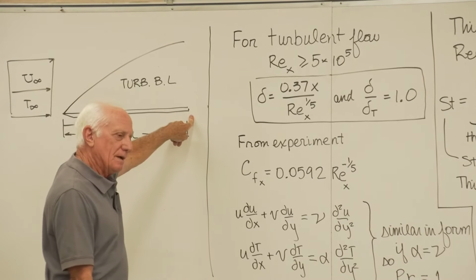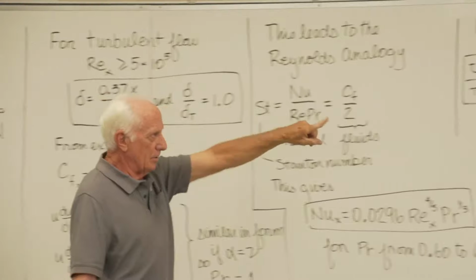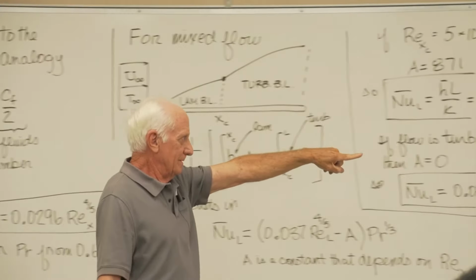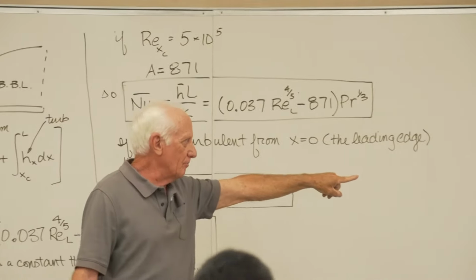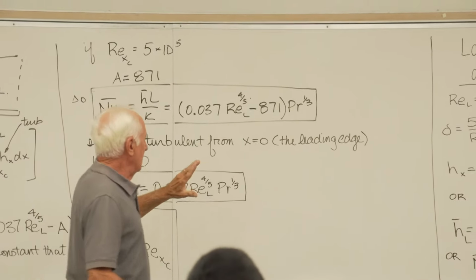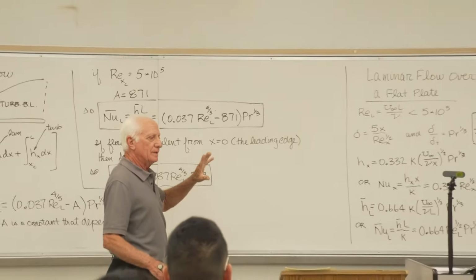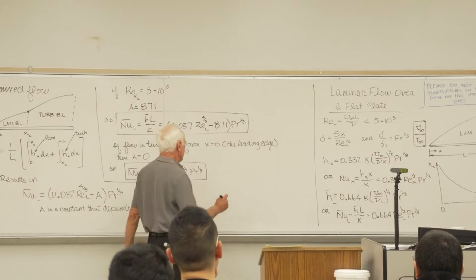If it's less than 5 times 10 to the 5th, you've got all laminar flow. Life is very straightforward. What do you want to find? I want to find the heat transfer over the whole plate.